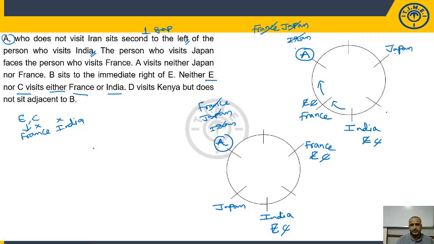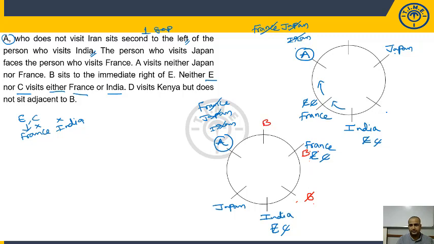Let's check where it is possible. Can I take B here? No. If I take B here, B should be immediate right of E, but E is not possible here. Can I take B here? Yes. B is immediate right of E, no issue. Can I take B here?